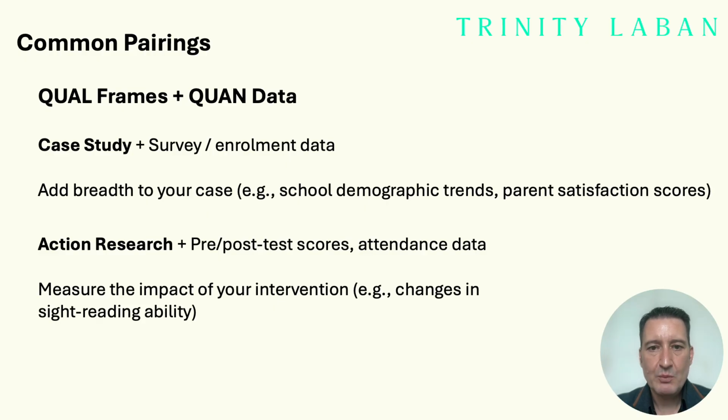But what you might want to do is to place some sort of standardized assessment at the beginning and the end so that you can measure a form of impact. So whilst the numbers, that quantitative data, aren't going to tell you why the approach did or didn't work for your action research, what they are going to do is provide data about impact. So it will tell you whether something actually measurably changed over time.